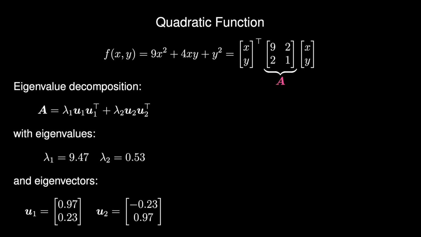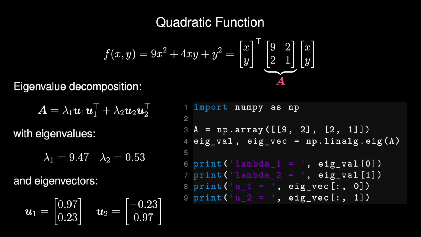Adding a cross term for xy introduces a multiplication between x and y. We can write this compactly as w transpose A w, where A is a 2 by 2 symmetric matrix. The eigenvalue decomposition of A reveals its hidden structure. We can compute the eigenvalues and eigenvectors with just a few lines of NumPy.